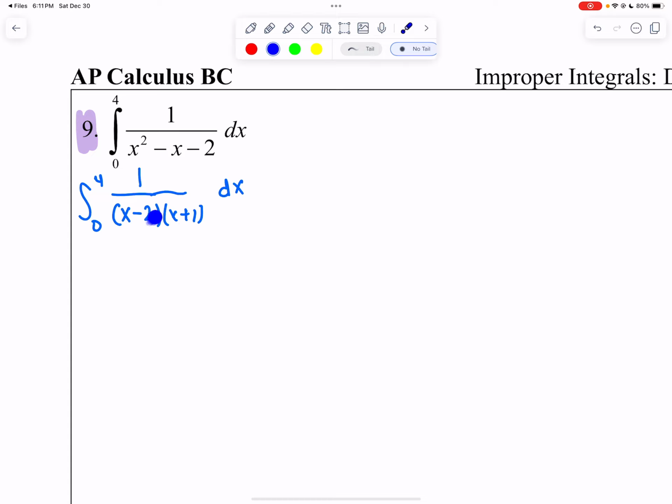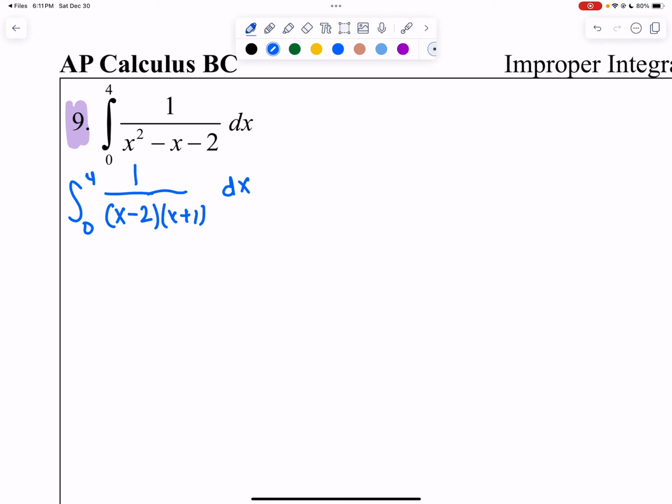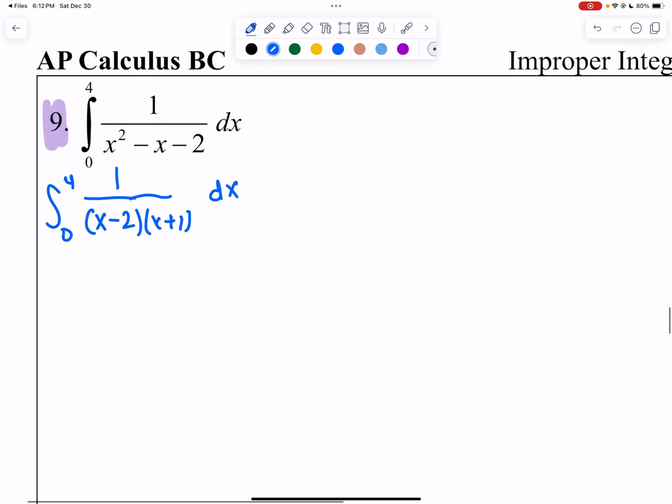Notice how at the 2, we have a vertical asymptote here, so we are going to have to use improper integrals for this part right here whenever we take my partial fraction. My x plus 1, I really don't care, so we can evaluate this, but it's important to look at the improper integral first before we evaluate this right here, to see if this converges. But first, we got to go ahead and make our little decomposition.